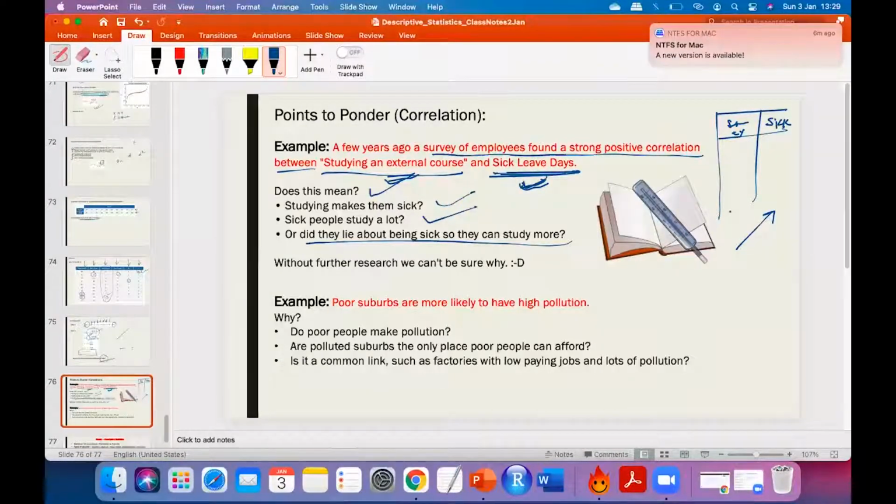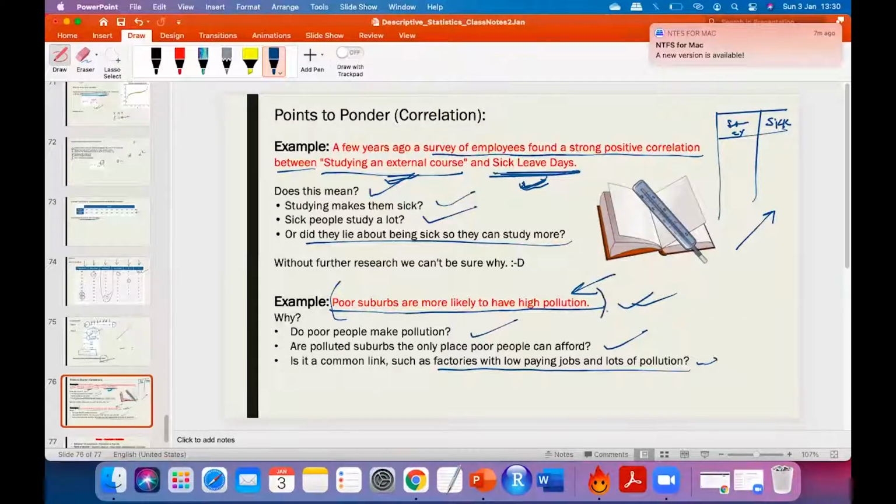Yeah, correct. Now look at another example. Poor suburbs are more likely to have high pollution, right? Does that mean poor people make more pollution? Are polluted suburbs the only place poor people can afford? Or is it a common link, such as factories with low paying jobs and lots of population? You understand? So your correlation will give you only this statement: that the poor suburbs are more likely to have high pollution.